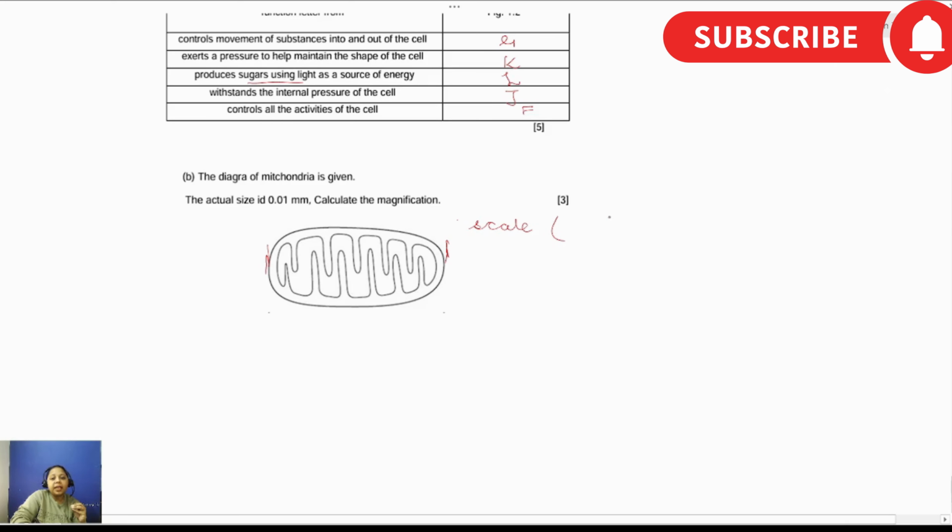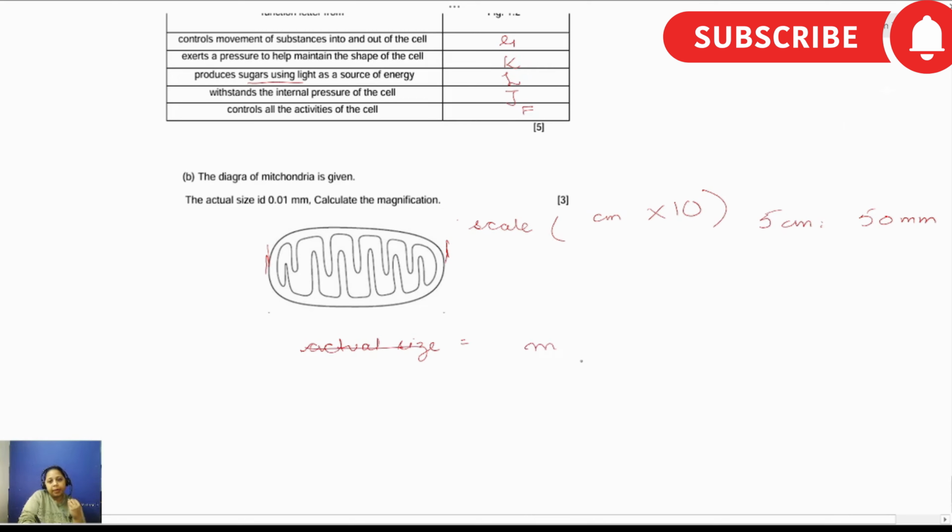Now, if your scale is in centimeters, you have to multiply that number with 10. So for example, if it's 5 centimeters, then in millimeters it would be 50 millimeters. Now we have to calculate the magnification.